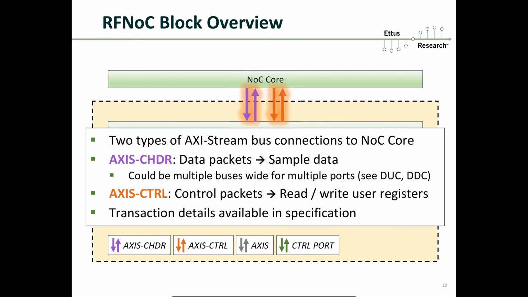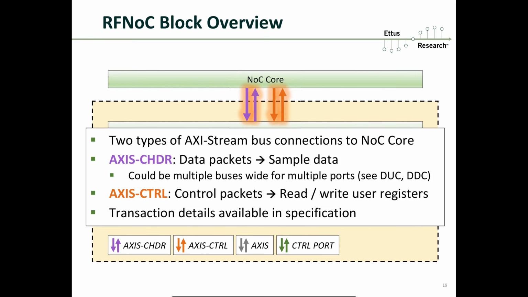And one interesting thing about the blocks is that this AXI CHDR bus could actually be multiple buses wide if your block needs, say, multiple ports in parallel, where it wants multiple incoming and outgoing data streams or sample streams. Now the AXI-Stream control bus, that's for control packets.